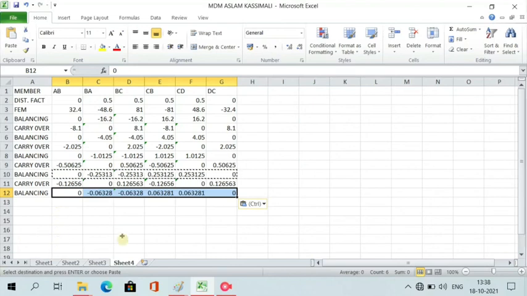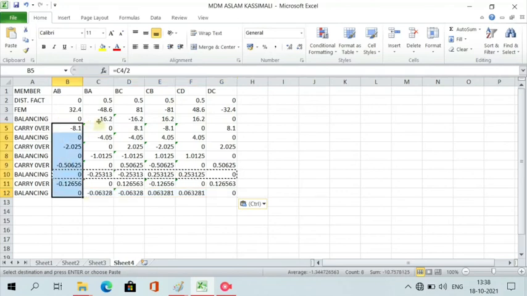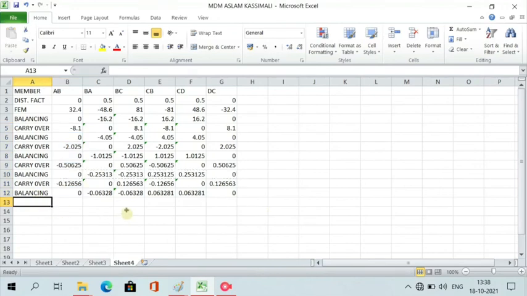Now for calculation of final moments, the final moments are obtained by summing the moments in each column of the moment distribution table. Each column we need to add.